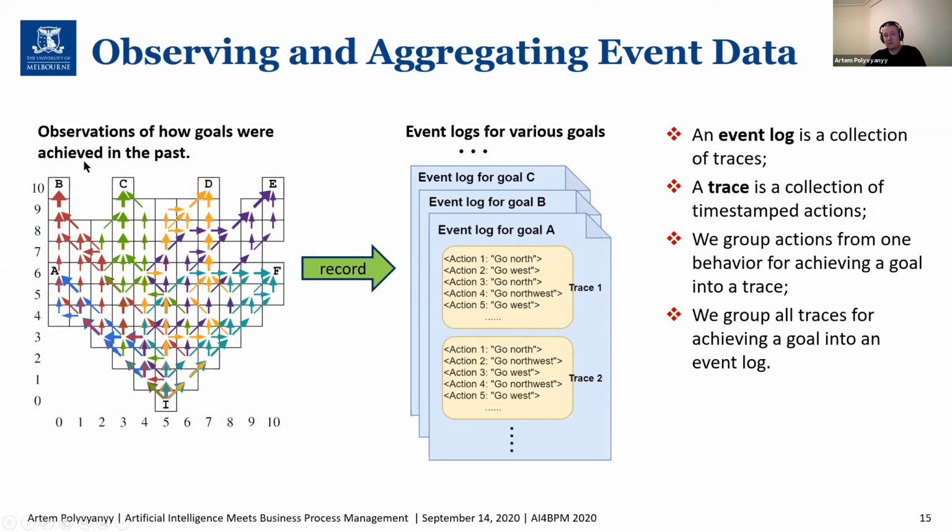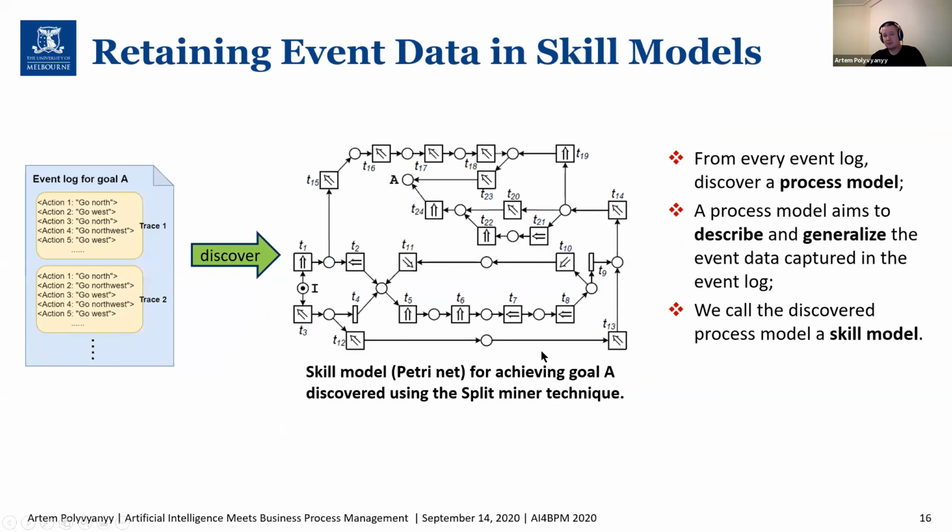Then we take the event log, for example, for goal A, and we construct a process model, the skill model of how to achieve that goal. If you look closely at it, you understand that this is highly explainable.